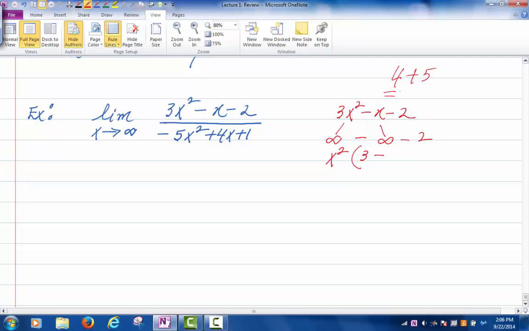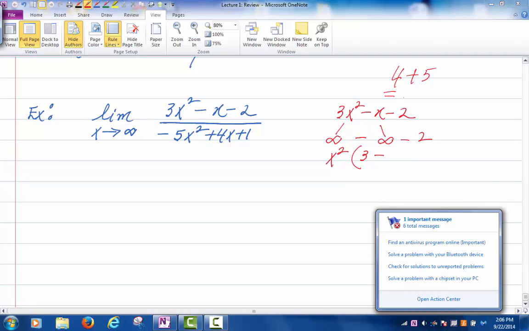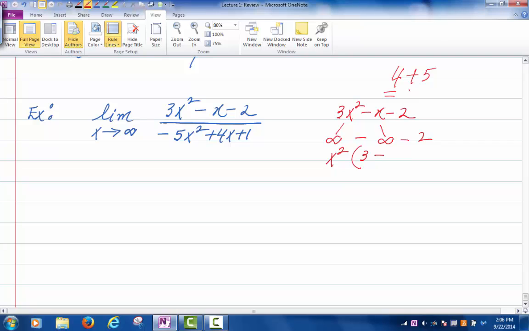If I factor out 3 from this expression, what's going to go inside? When you factor out 3, it means that you divide each term by 3, right? So you're going to get 4 thirds plus 5 thirds. Notice that if you multiply out, you get 4 plus 5. You agree with that?